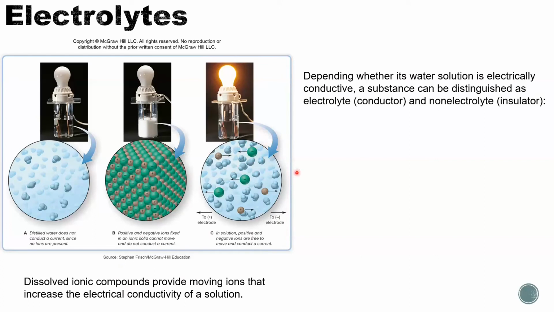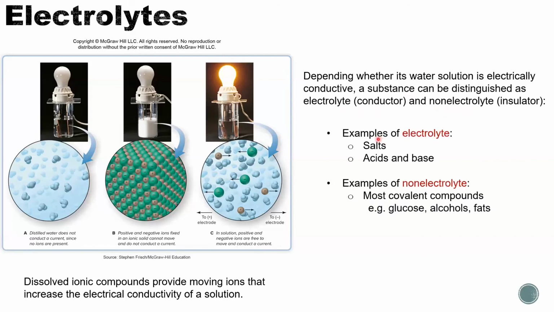Depending on whether its water solution is electrically conductive, a substance can be distinguished as electrolyte or non-electrolyte. The electrolytes are the ones that increase the solution's conductivity, while the non-electrolyte is the one that does not increase the solution's electrical conductivity. A few examples of electrolytes are here.